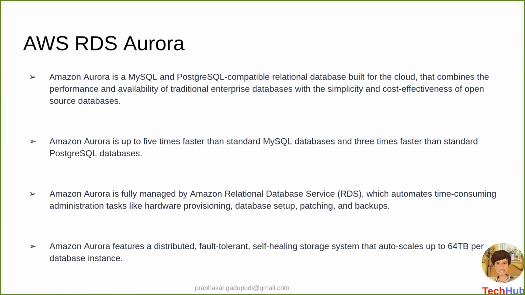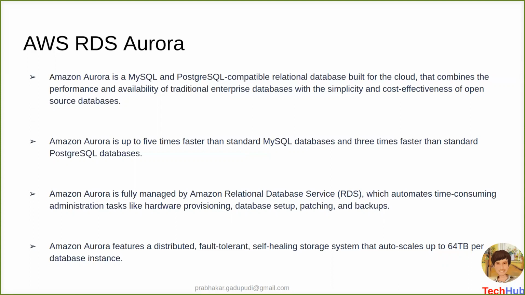First of all, let's see what is RDS Aurora. Amazon Aurora is a relational database service developed and offered by Amazon Web Services. It is a MySQL and PostgreSQL compatible relational database built for the cloud that combines performance and availability of traditional enterprise databases with the simplicity and cost-effective solution of open source databases.